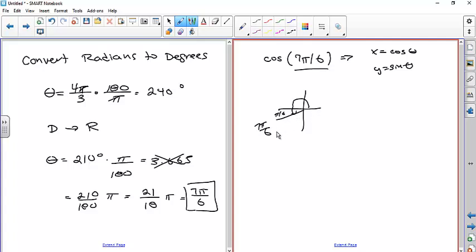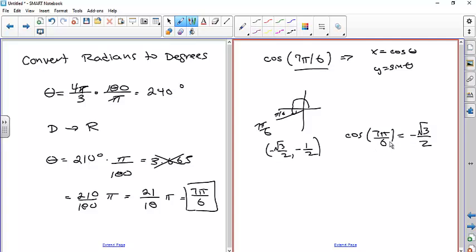And if you looked at the coordinates on the unit circle, you would have x is negative the square root of 3 over 2, and y is negative 1/2. So once you find the angle, you're going to say, okay, the cosine is the x-coordinate. So the final answer here, cosine of 7 pi over 6 is going to be equal to negative the square root of 3 over 2.